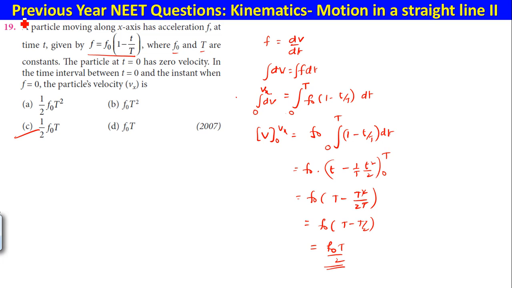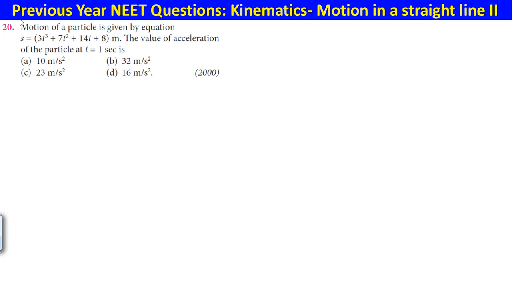Yes. The motion of a particle is given by the equation s is equal to 3t cube plus 7t square plus 14t plus 8, as given here. The value of acceleration of the particle at t equal to 1 second is asked. So you just need to find the value of acceleration. First of all, s is given as 3t cube plus 7t square plus 14t plus 8.